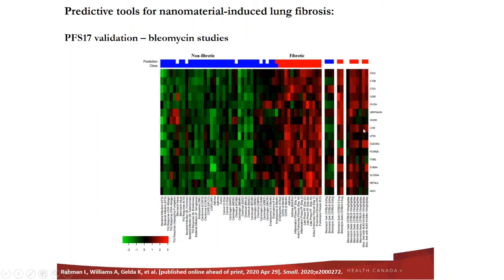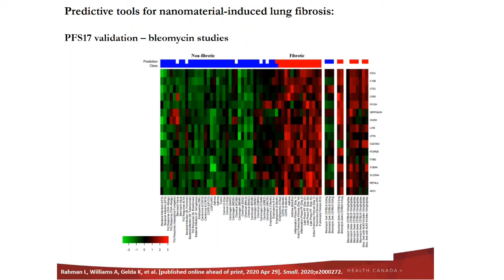Actually, the bleomycin studies are on your rightmost side, and you can see that many bleomycin studies are positively identified as fibrotic, and some of them are non-fibrotic. And non-fibrotic studies were mainly belonging to the experimental groups of low doses or early post-exposure time points when the fibrosis was not yet established, I think.